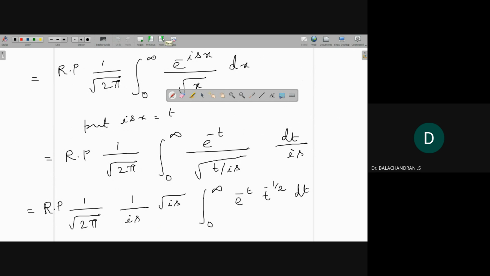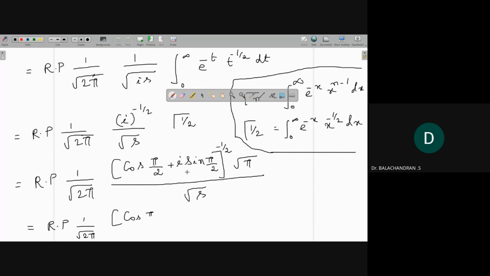Okay, minus 1 by 2. Let me check it. Yes, minus 1 by 2 only I have. So cos pi by 4 minus cos theta plus i sin theta whole power minus n.